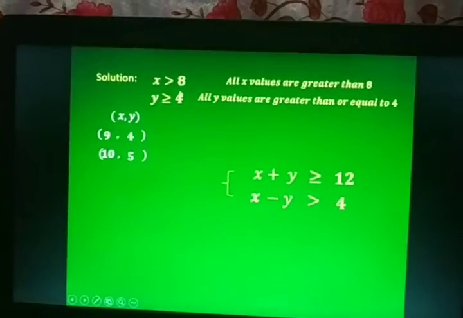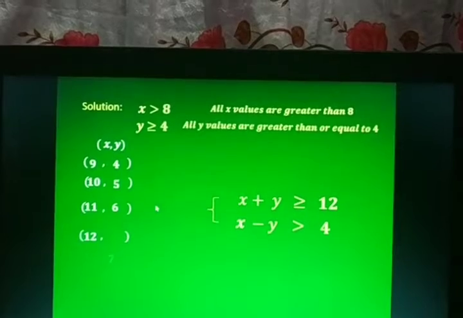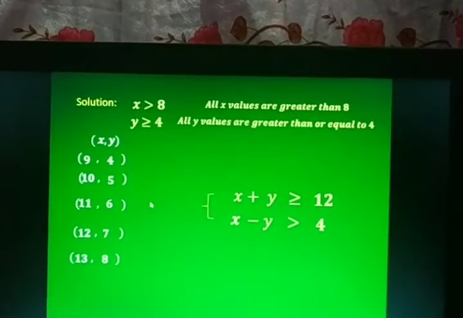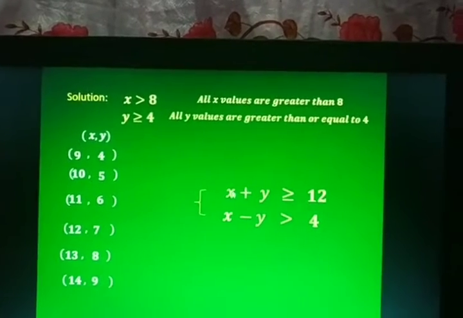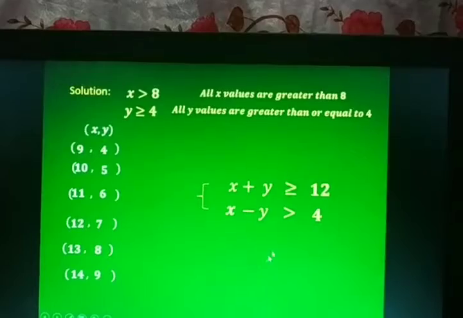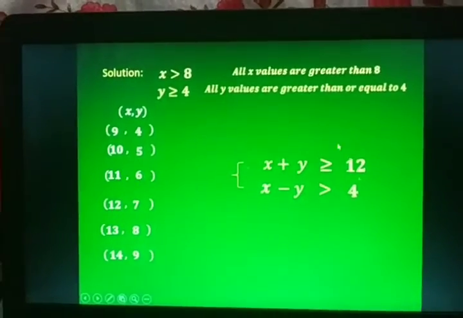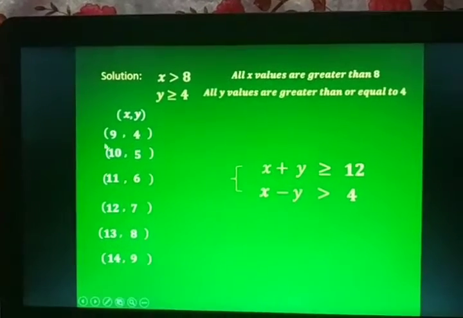Pasok sa condition. Correct. Also, we have 11 and 6. 12 and 7. 13 and 8. 14 and 9. You can check, double check, substitute these values to these systems of linear equations and find out if they are really solutions.